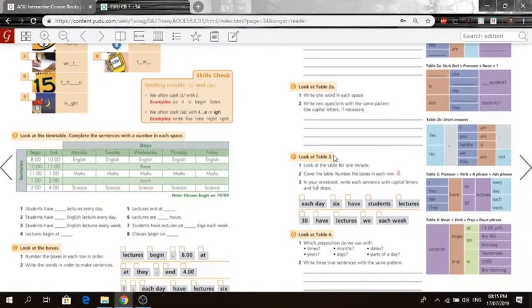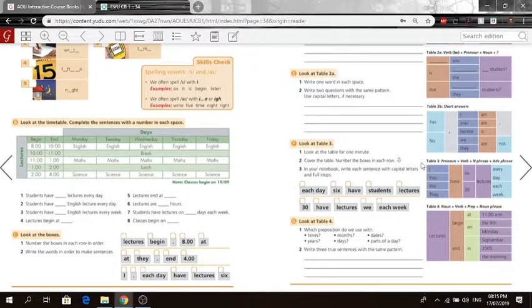Okay. Look at table 3 here. Now we have pronouns plus verb plus noun phrase plus adverb phrase here. So I, you, we, they have 6 or 30 lectures every day or each week. Now let's try to balance these sentences back, like we did in the previous exercise.